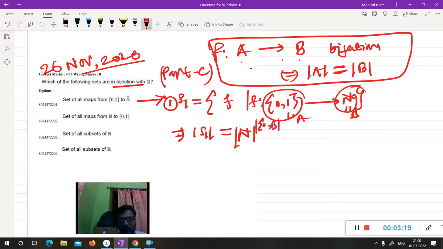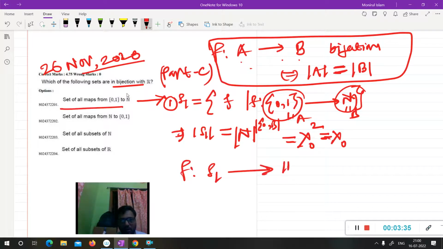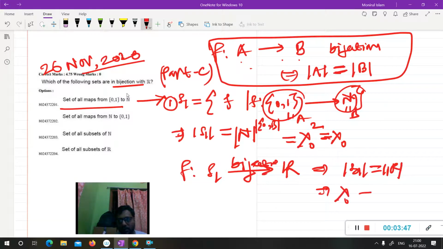The cardinality of the natural numbers is aleph naught, and the cardinality of {0, 1} is 2. Now aleph naught to a finite power gives again aleph naught. So the cardinality of this set is aleph naught. Suppose there were a bijection from S1 to R. Then the cardinality of S1 would equal the cardinality of R. But the cardinality of S1 is aleph naught and the cardinality of R is the continuum, and the continuum is always greater than aleph naught.